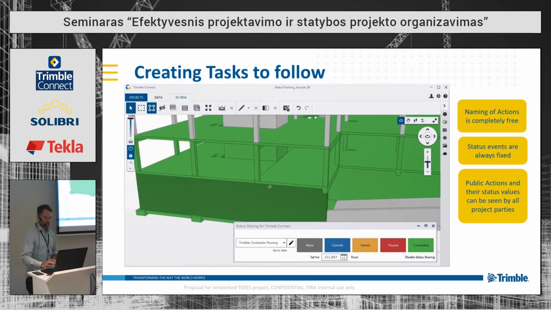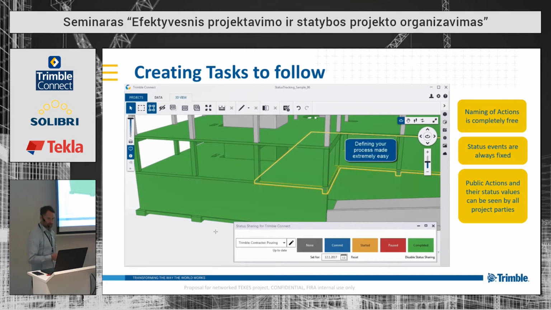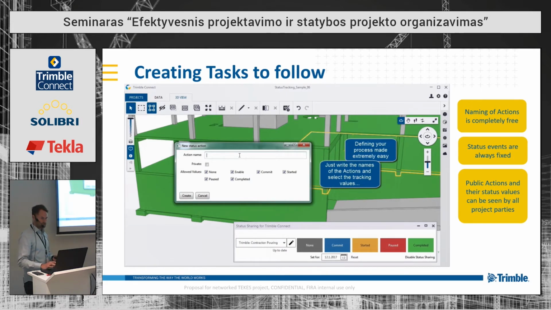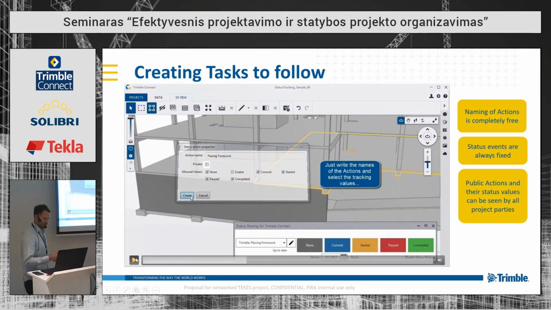Now we are in Trimble Connect desktop, and we want to start following some task. So let's create a task. We can define any kind of task that we want to follow, and we can use, for example, the BIM model.